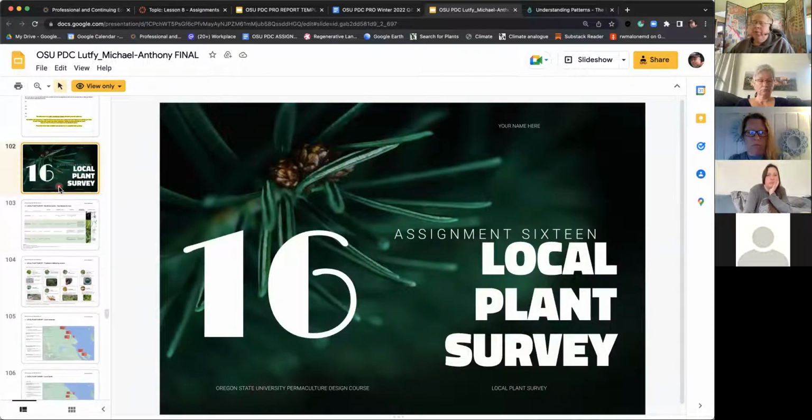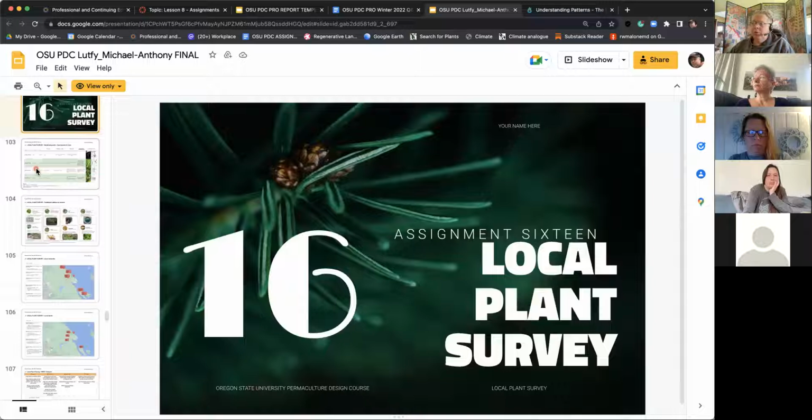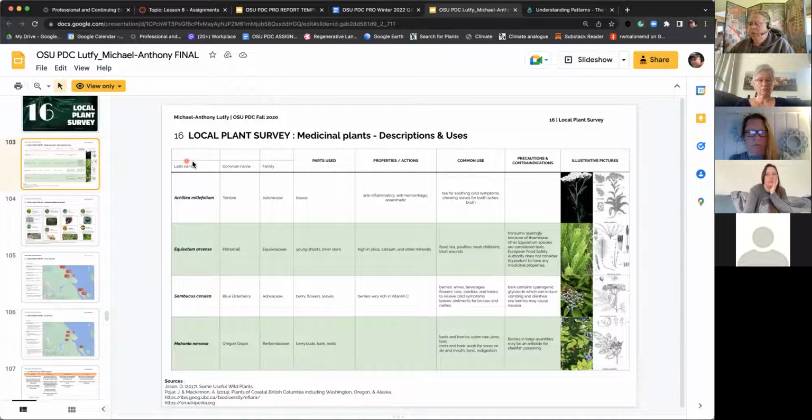So here's one of the student examples that you can find within that module section. And here this person put down 4 plants. Of course, we want to have 5.